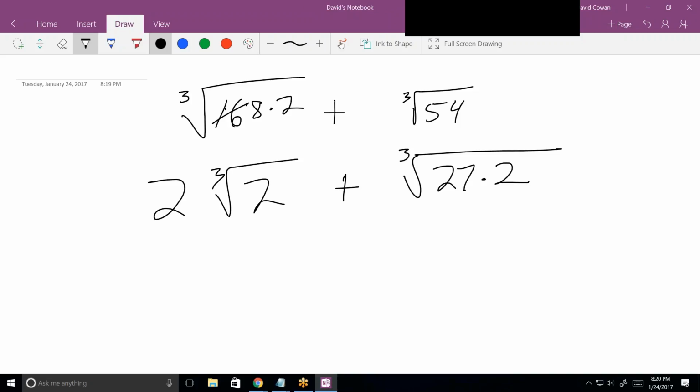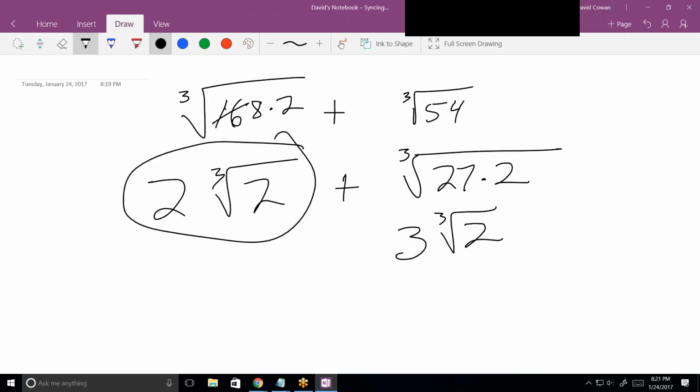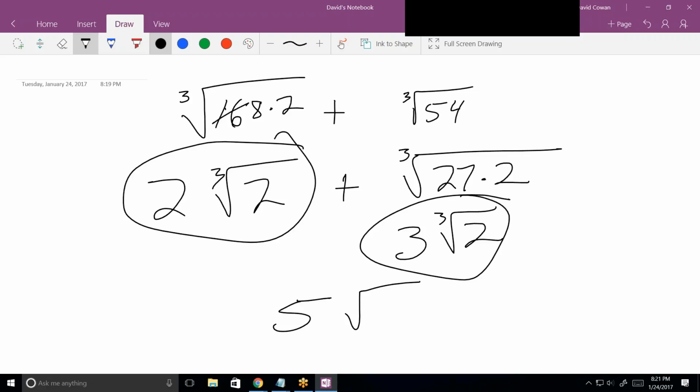And cube root of 27 is 3. And so this turns into 3 cube roots of 2. Now I can add them. I got 2 cube roots of 2 there, plus 3 cube roots of 2 is 5 cube roots of 2.